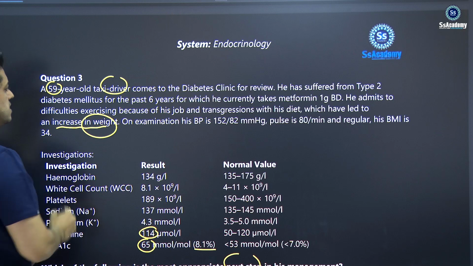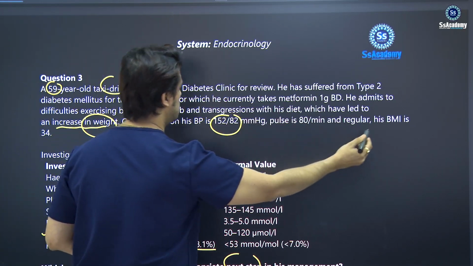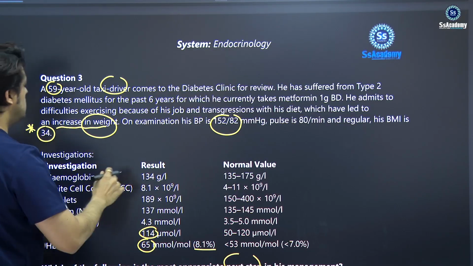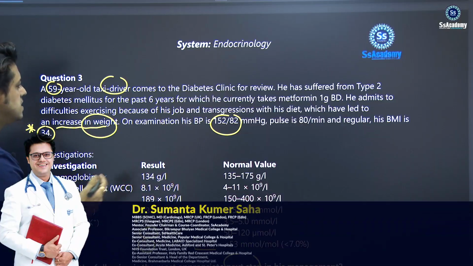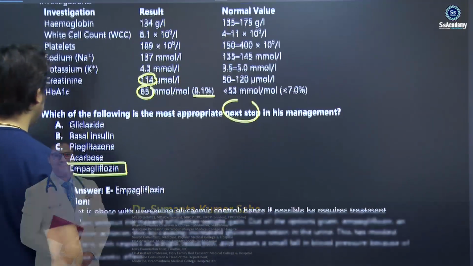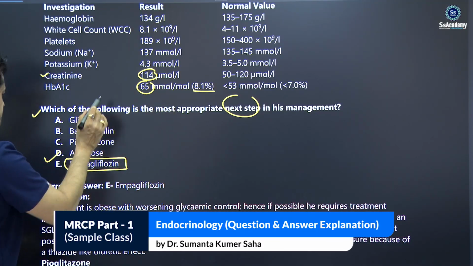So weight matters. On examination, his BP is high, pulse is regular, and his BMI is 34. This is very much important: a diabetic patient with uncontrolled diabetes and obesity along with high blood pressure. These are the two important things. The next step of the management is empagliflozin.